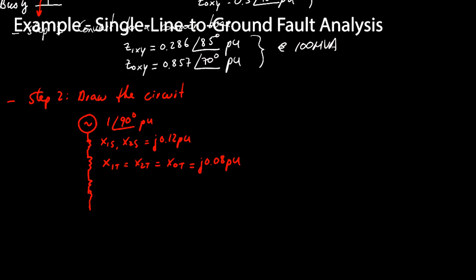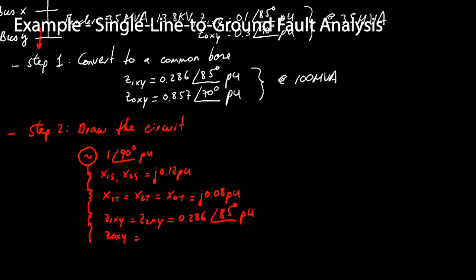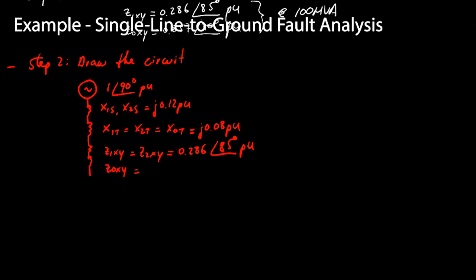So that's going to be either Z1XY or Z0XY, either the positive or the zero sequence impedance. And again, the positive is the same as the negative for a feeder or a transmission line. And that was 0.286 at 85 degrees per unit. And the zero sequence impedance is this one that we calculated over here, so that's 0.857. So let me move this up.